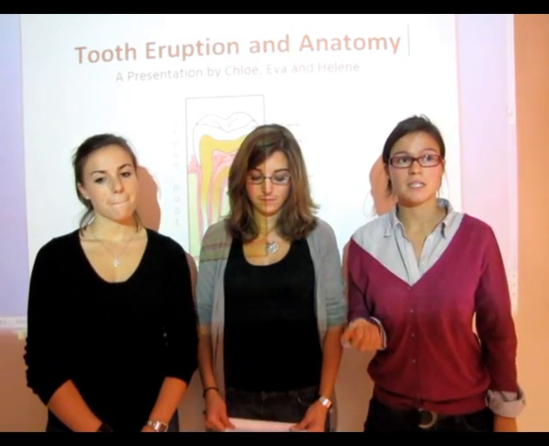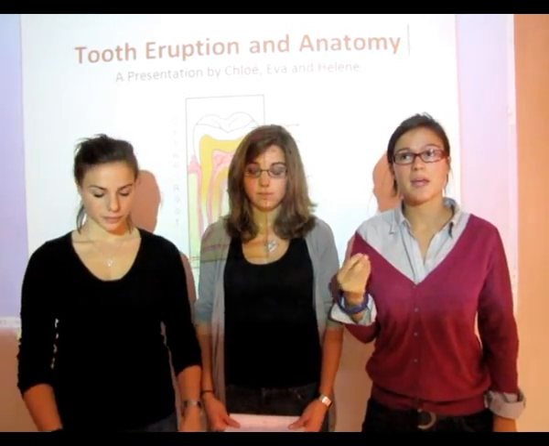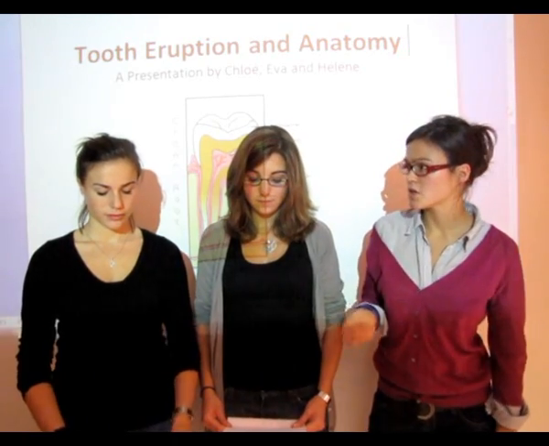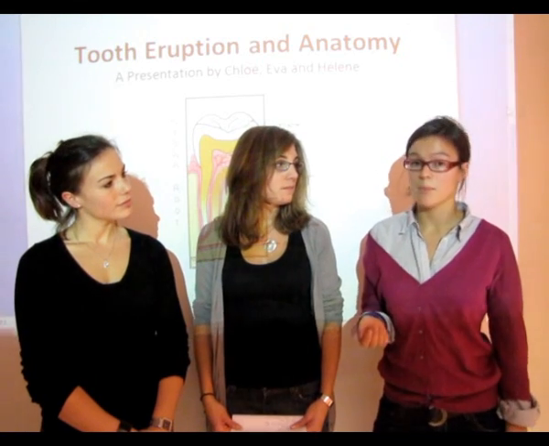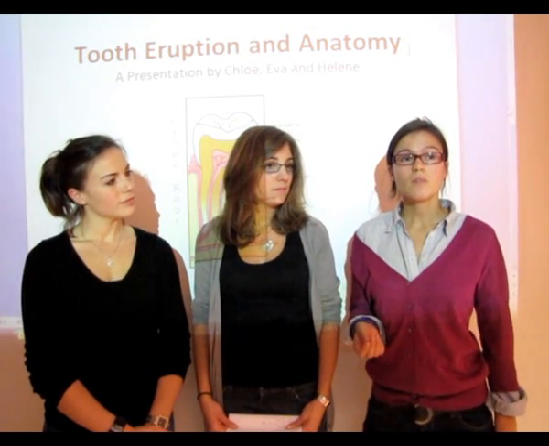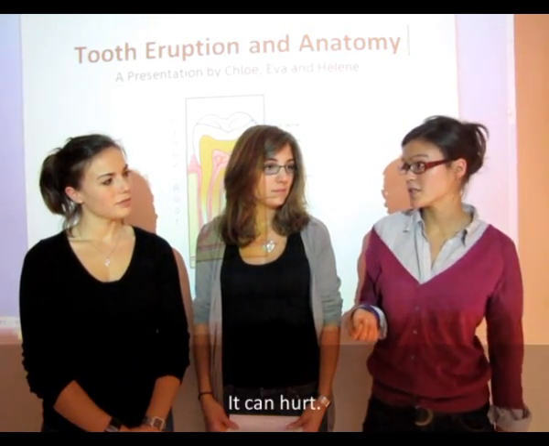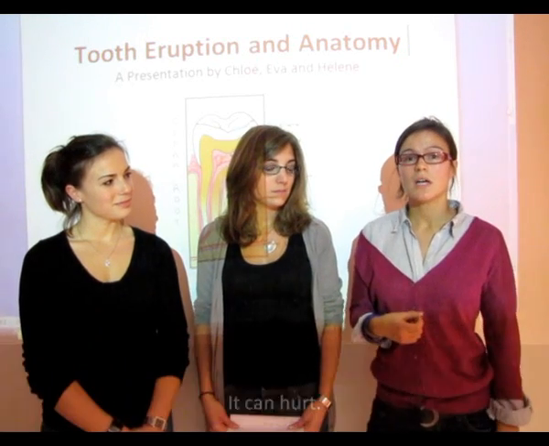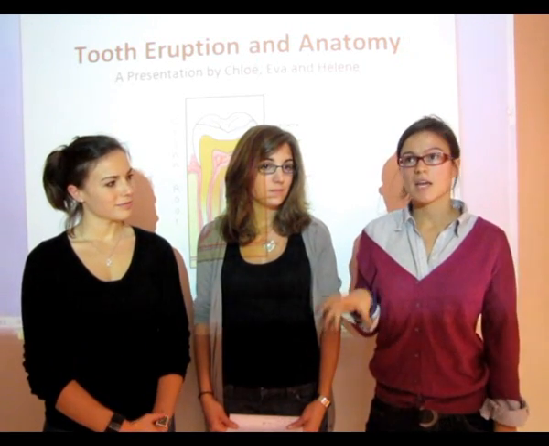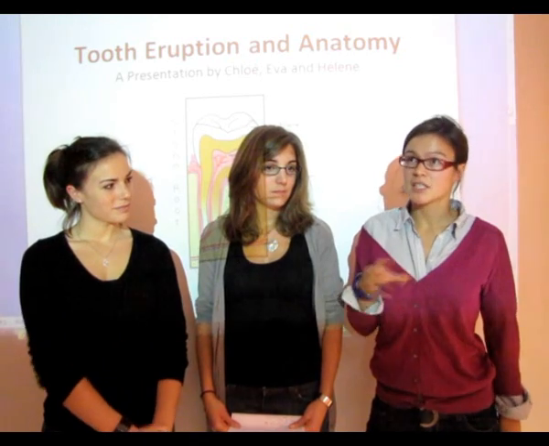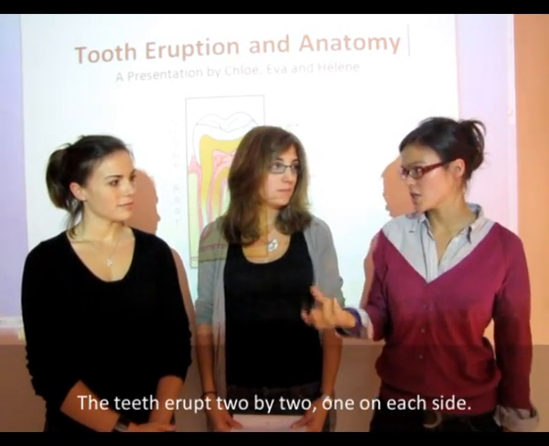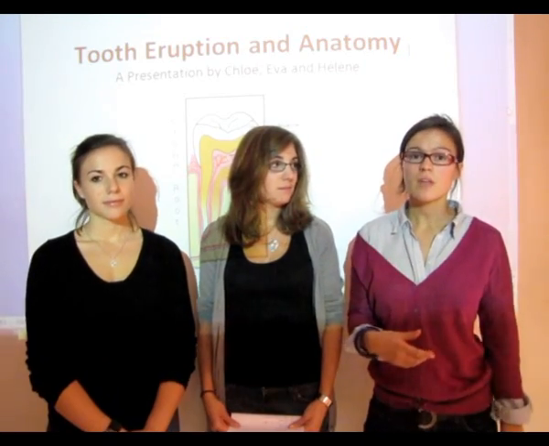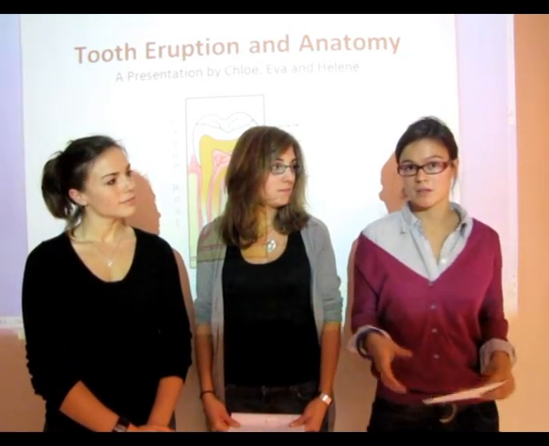The eruption time depends on the children. It's earlier for girls than for boys, and it can hurt them, the children. And the teeth erupt 2 by 2, so one on each side, like permanent teeth.